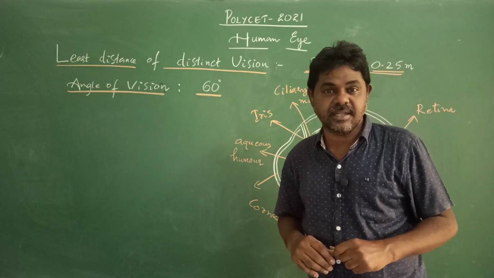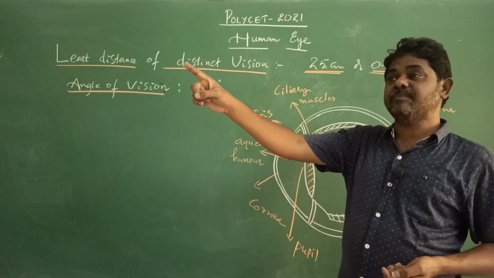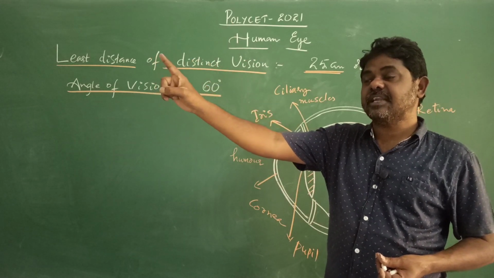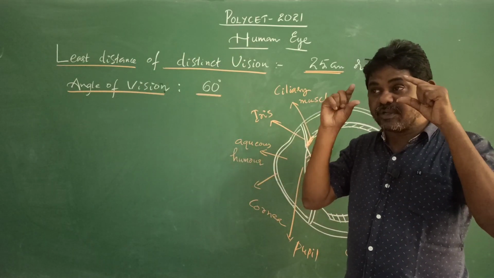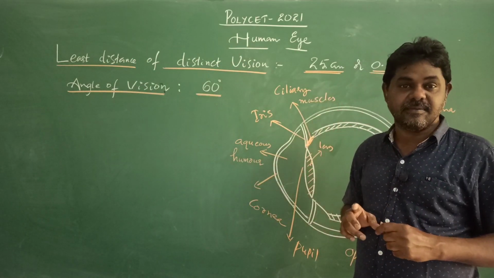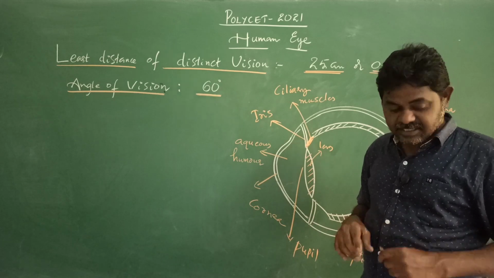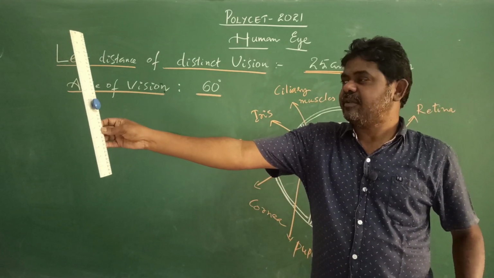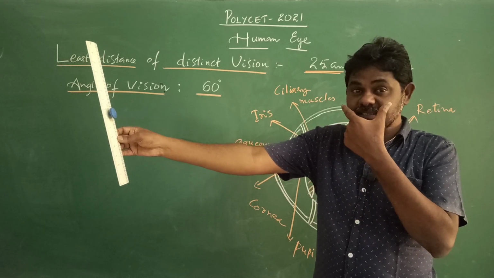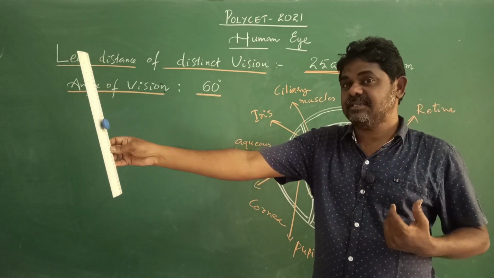Very important point, children. When you are seeing an object which is far away, your eyes are going to be in a relaxed position. Is it right? Suppose I want to see the scale by keeping it far away, you can see the scale. In that case, your eyes are going to be relaxed.